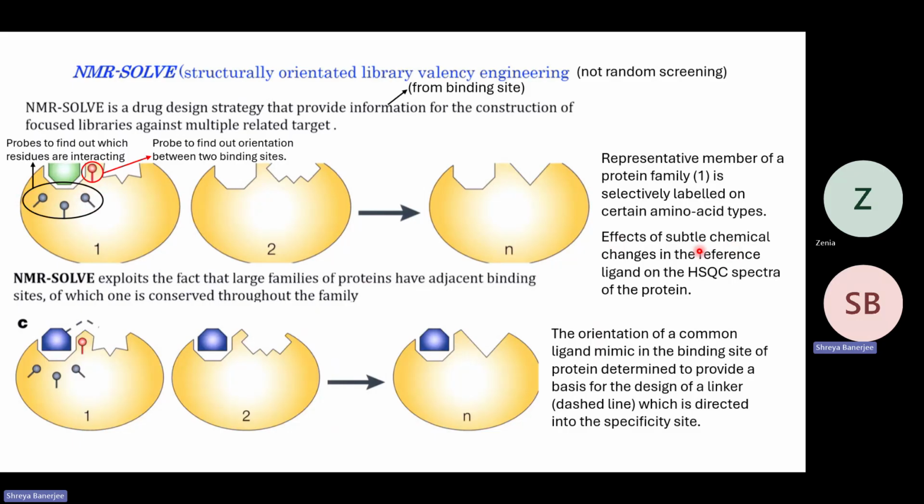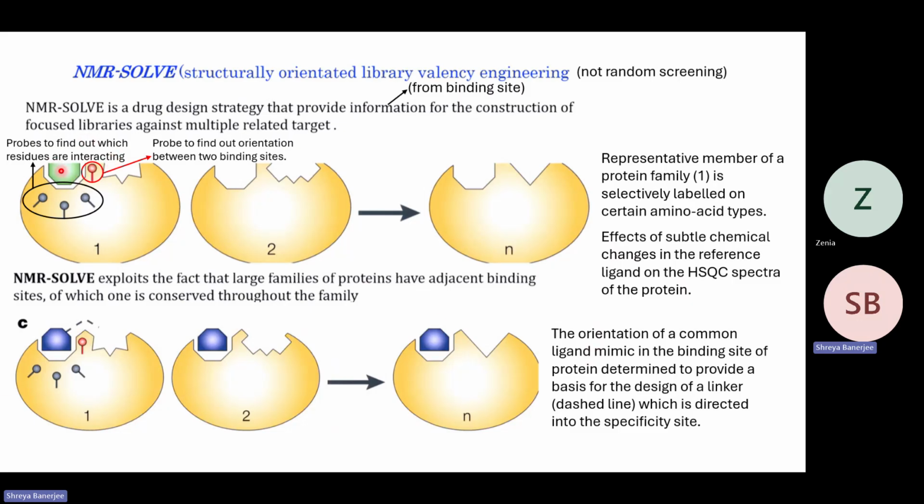Subtle chemical shift changes in the reference ligand on the HSQC spectra of the protein will tell us where the binding site of the protein is. And there certain probes are introduced, and also between two binding sites, a probe is introduced to find out the orientation between the two binding sites.